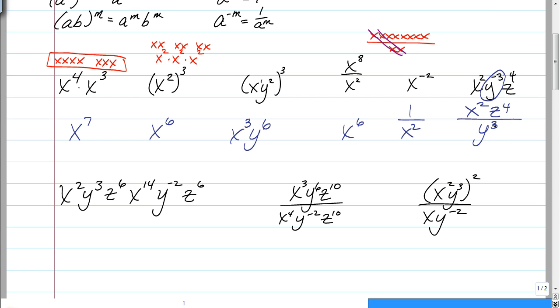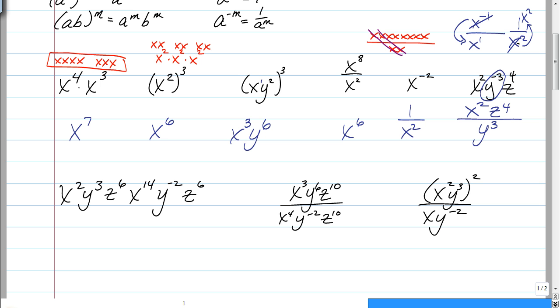So another way to look at a negative is think about it as top and bottom. If you have a negative exponent on the top, that just means he would be happier downstairs. So he just becomes x to the positive 1 downstairs. Vice versa, if you had 1 over x to the negative 2, that x to the negative 2 is just unhappy downstairs, and he'd rather go play upstairs, so that just becomes x squared on top, and the denominator goes away.